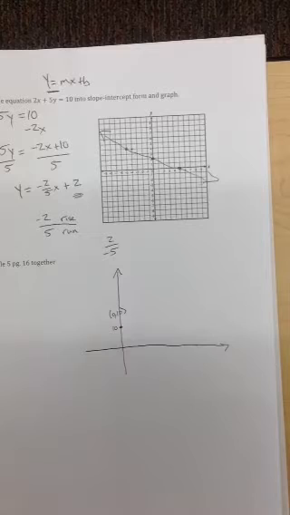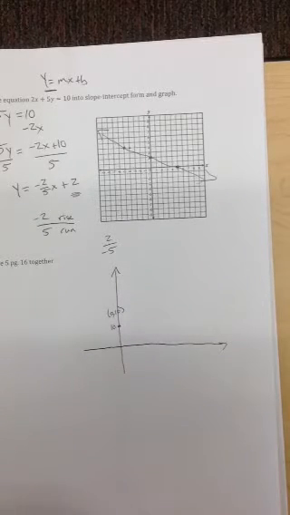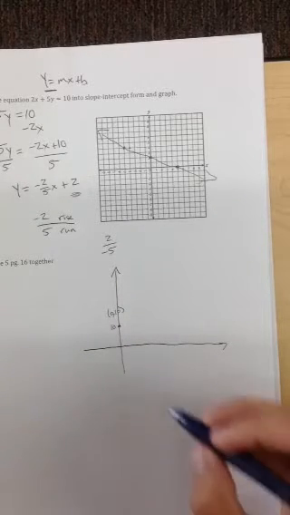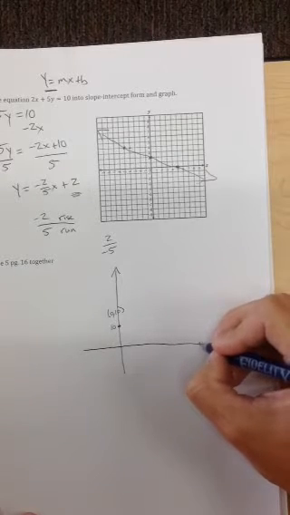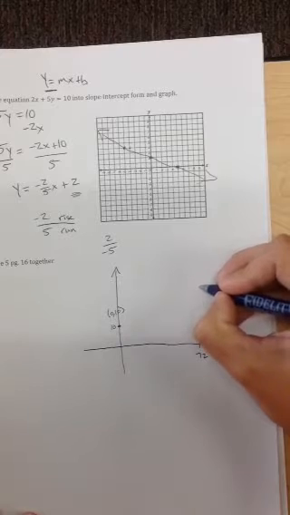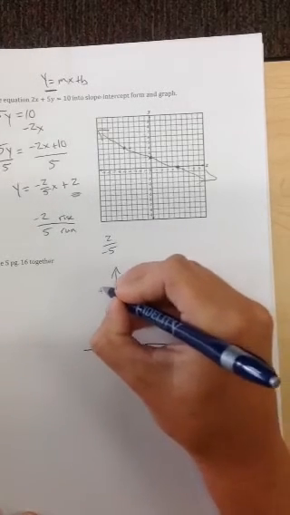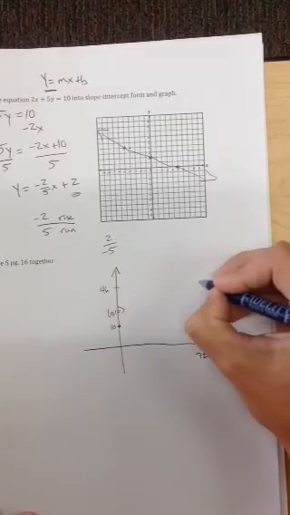Now they tell me that the top of the slide is 46 feet tall, and I also have to go 72 feet over. So if I go over 72 feet and then up 46 feet, which we're just kind of estimating where all that would be, that's the top of the slide.